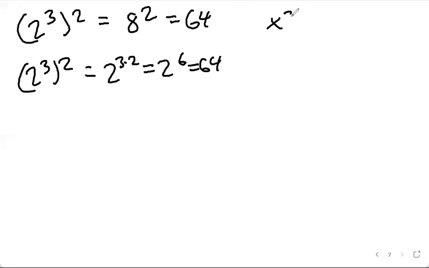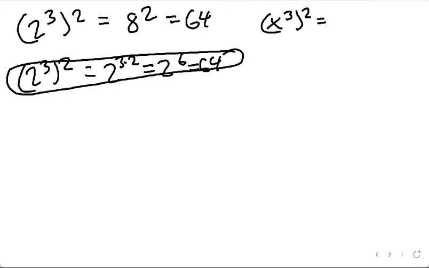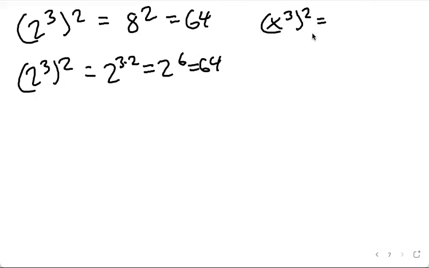What if I had x cubed and then that's squared? Well, we could do the same exact thing that we did here, the same exact trick. Now you may be thinking, wait a minute, here we were dealing exclusively with numbers, but here we're dealing with letters.